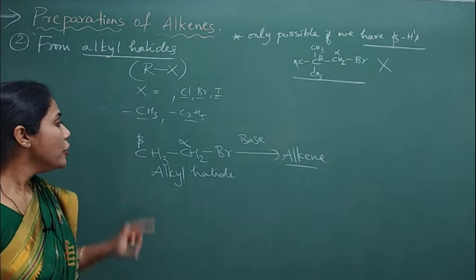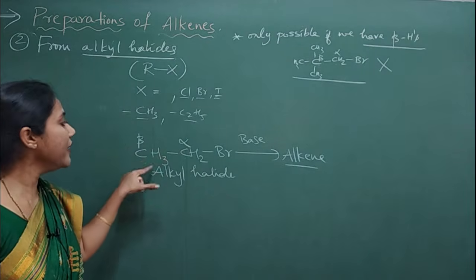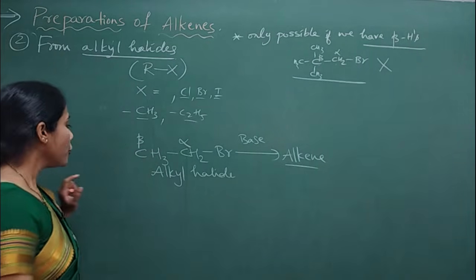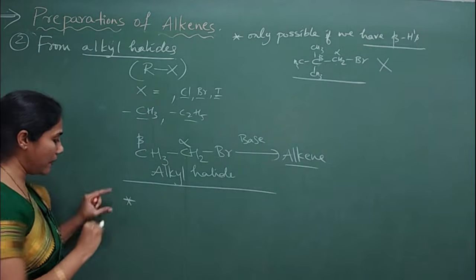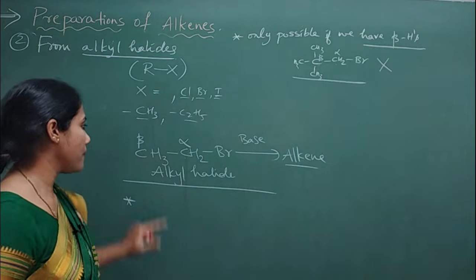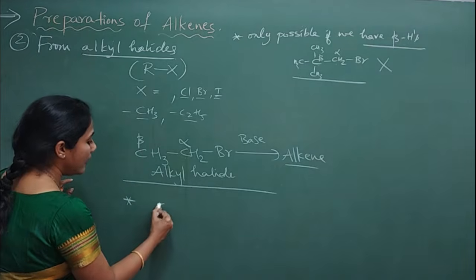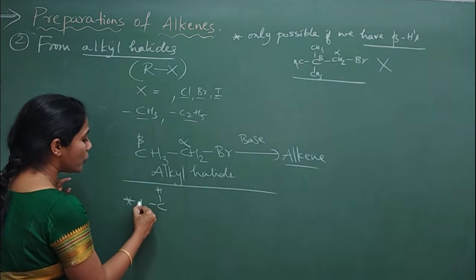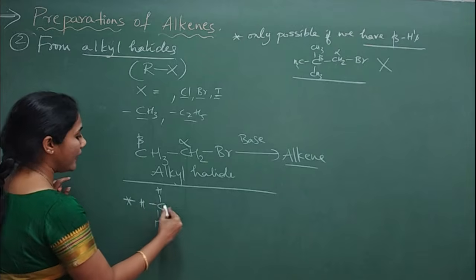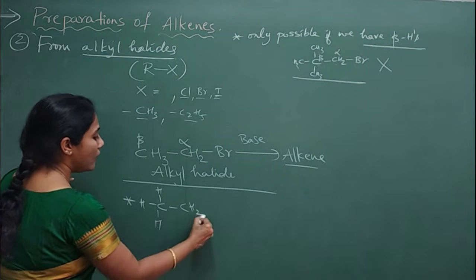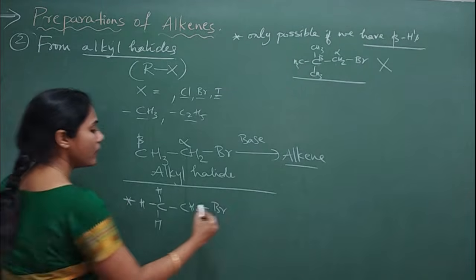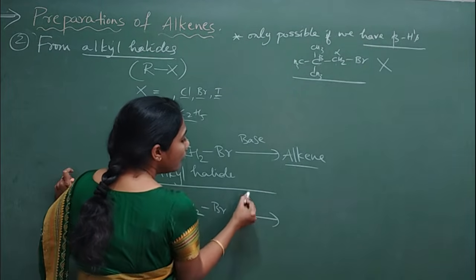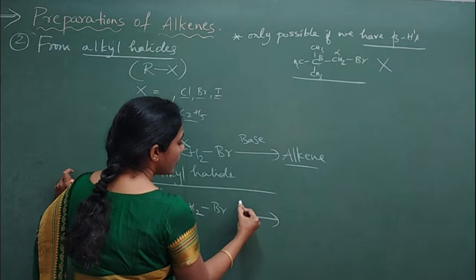Fine. I'll tell you why we actually need beta hydrogen here. Let me explain the reaction along with the mechanism. I'll write the beta hydrogens properly. So this is the alpha carbon, we all know, and this is Br. What we have used in the reaction is a base.